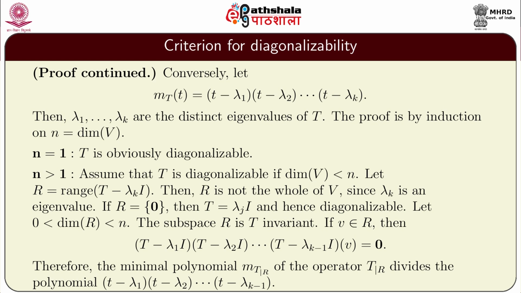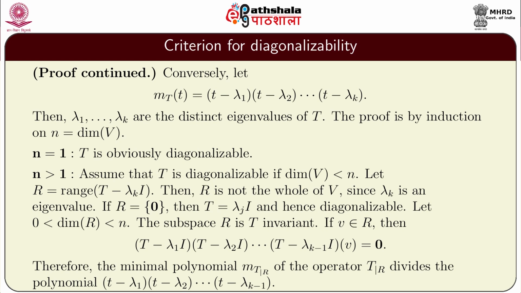We know that the subspace R is T invariant, and if we choose any vector v in R, then (T minus lambda 1 I)(T minus lambda 2 I) and so on up to (T minus lambda k minus 1 I) of v is the 0 vector.